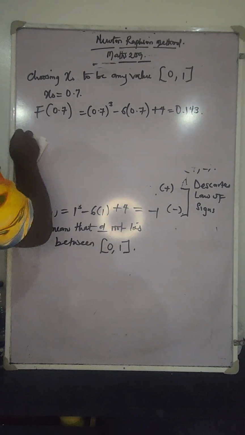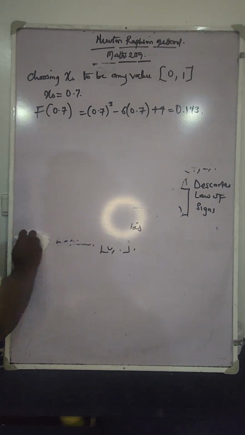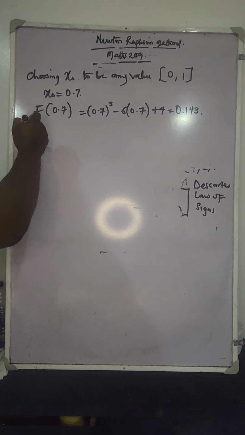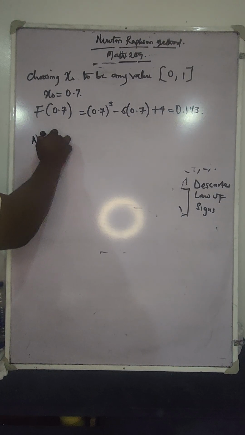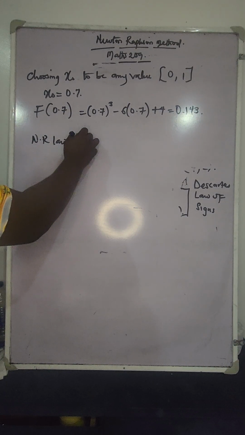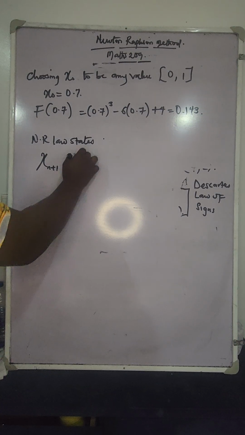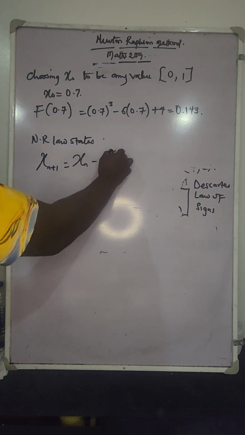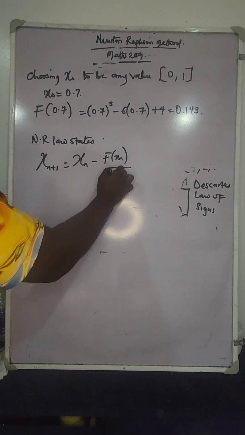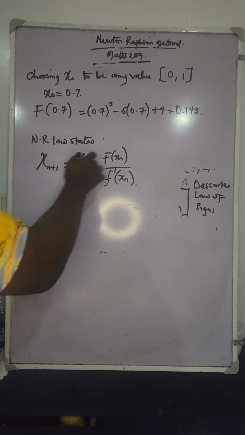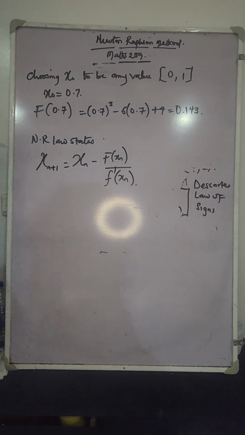Remember that the Newton-Raphson law states that xn plus 1 is equal to xn minus f of xn all over f prime of xn. This f prime connotes differentiation.